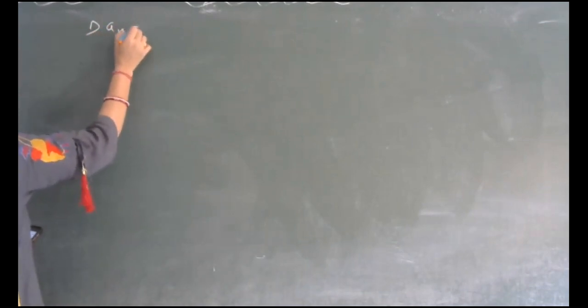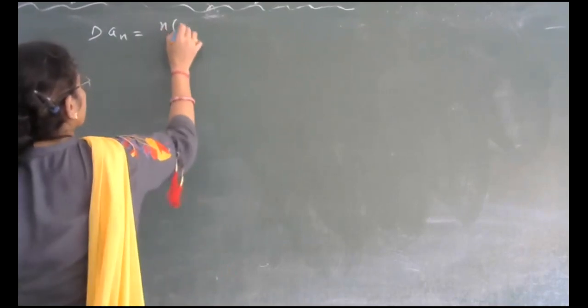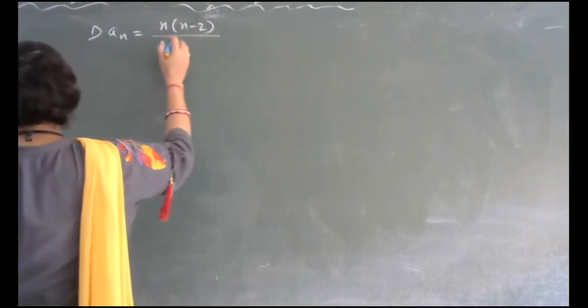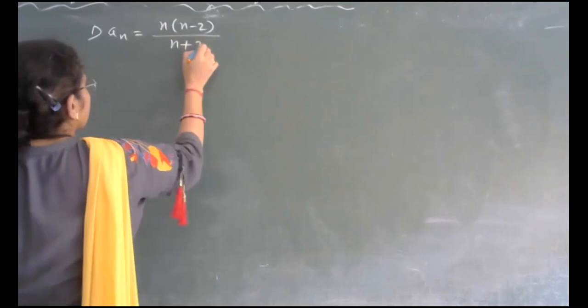The 20th term of the sequence is defined by a_n equals n into n minus 2 over n plus 3.